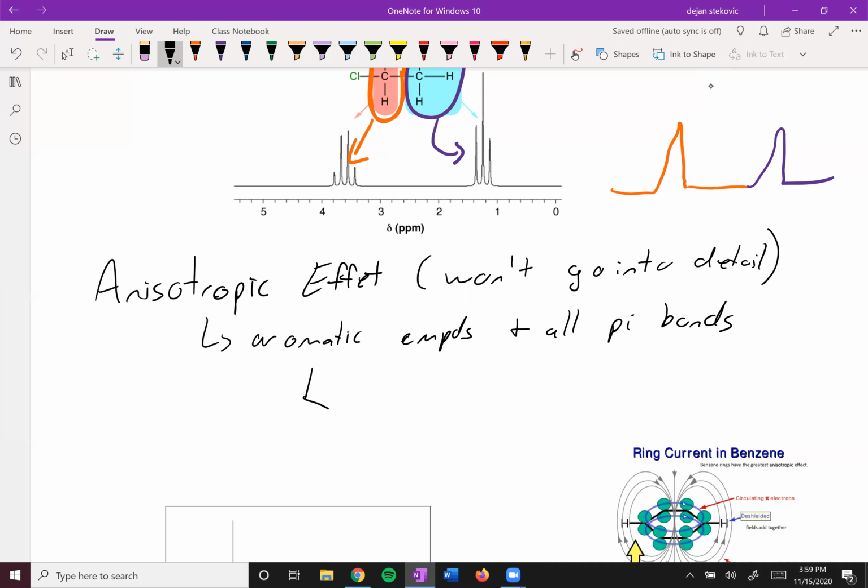An aromatic compound for now we're just going to refer to as benzene. So we'll later on know much more about aromatic compounds, but for right now we're just going to stick with benzene. And then of course pi bonds or any double or triple bonds.